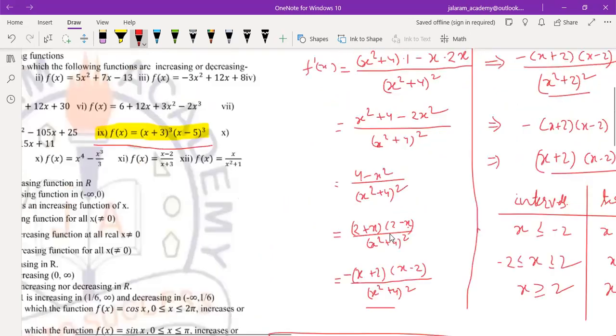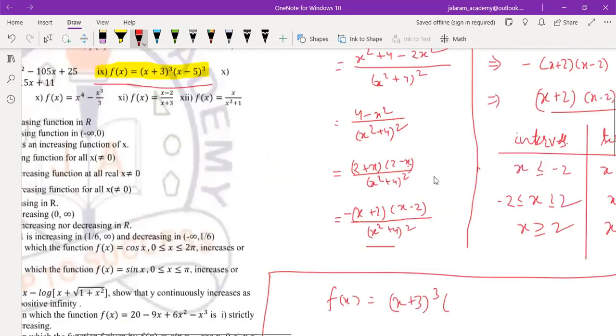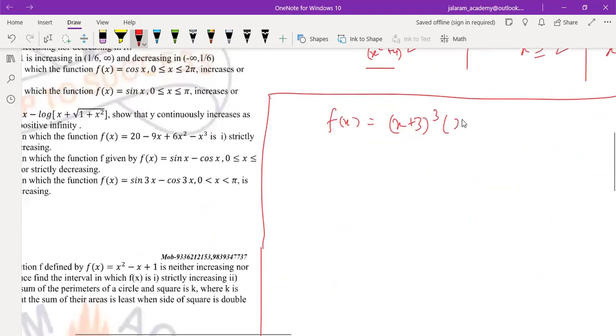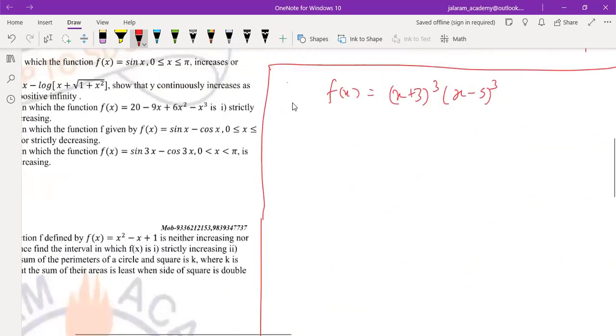For f(x) equals x plus 3 whole cube into x minus 5 whole cube, first we will find the differentiation f dash x.